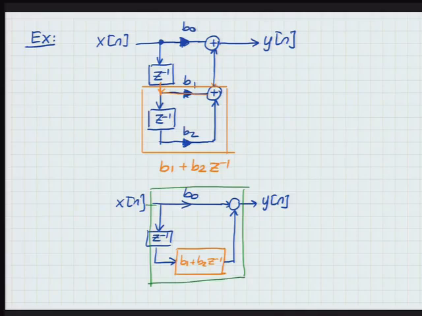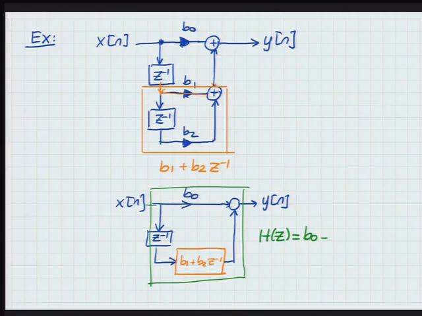Again, you have two branches in parallel, correct? So what are their transfer functions? I will add them up. The upper branch is just B0. And the lower branch is a series interconnection of two things, so I multiply them.